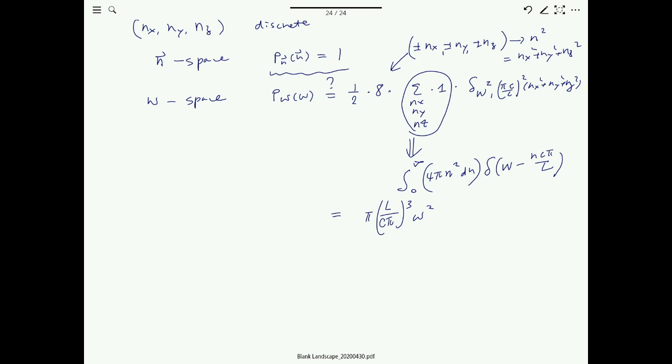That gives you the density of states in the omega space. Now, if you want to calculate the density of states in the wavelength space, you can carry out the same calculation, but this delta function is now related to your wavelength, so you will have other factors.